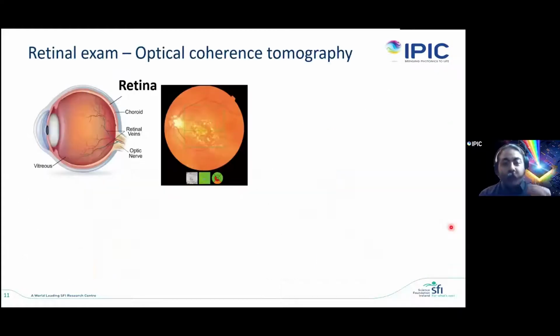We can also see one of the common technologies with the retinal exam. The retina is the layer in the back of your eye, which is used to detect light from the external environment. And the retina can have a lot of irregularities depending on the disease you have. So you can use a technique called optical coherence tomography to look at these irregularities.